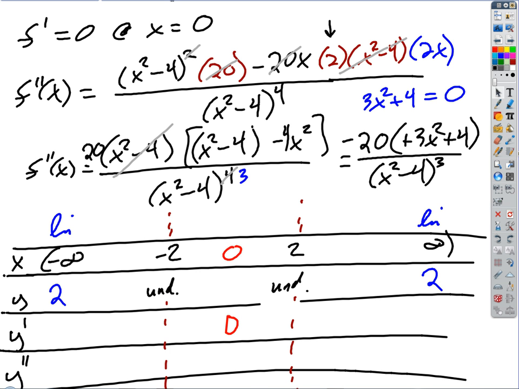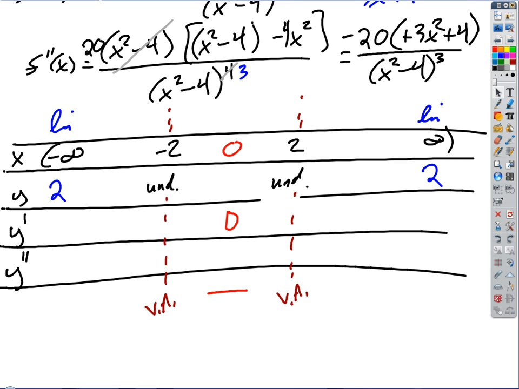So if we plug in 0, what are we going to get back for a sign? We're going to get negative times positive. So the top is negative. Bottom we get negative, a negative number to an odd power. So negative over negative is positive. Okay, so if we get a positive second derivative, it's concave up.